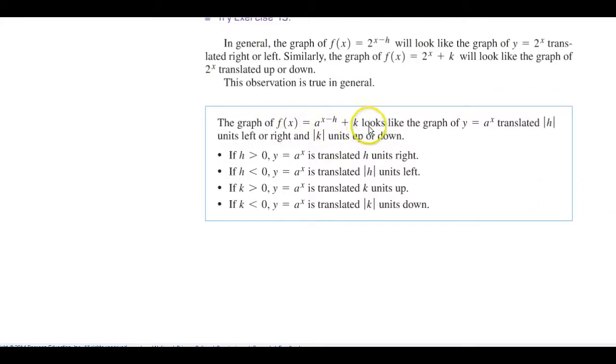So if we have that, the graph is translated to the absolute value of h, which will be positive, units to the right. If it's positive itself, it's going to be units to the left.